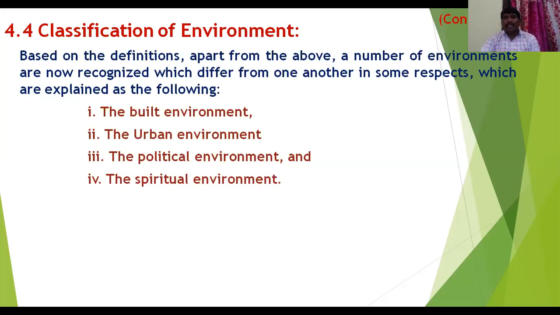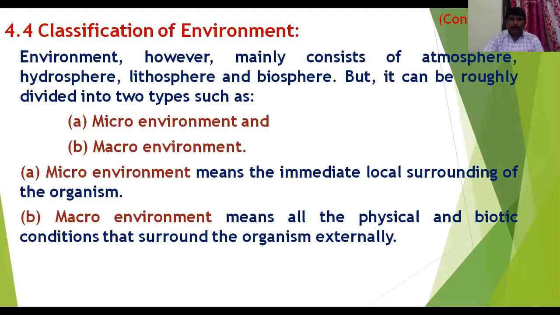It is also believed that it is the operation of some people in the spiritual environment, though wrongly, that has given rise to such issues as ritual murder and such evil actions and corruption, violence, and other forms of deadly sins. Environment, however, mainly consists of atmosphere, hydrosphere, lithosphere, and biosphere.